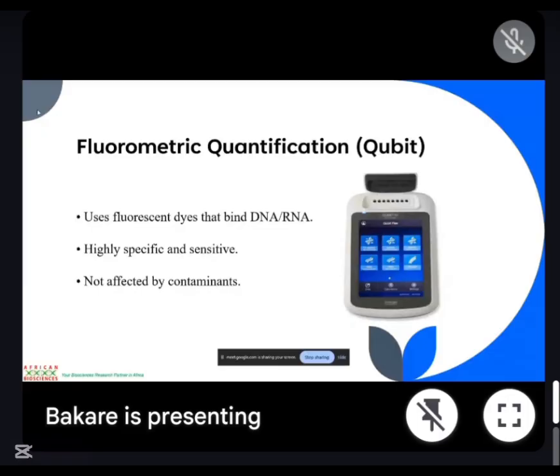Then you will select if you are doing DNA, RNA, protein. Then click on it, and then it measures and it brings out your values for you. It is highly specific and sensitive. Unlike nanodrop, that is going to tell you if there are still contaminants, or you still have salt, this one is not affected by contaminant.